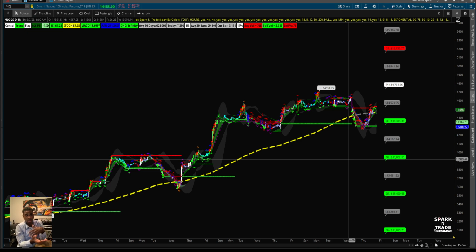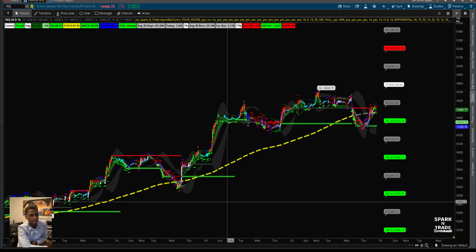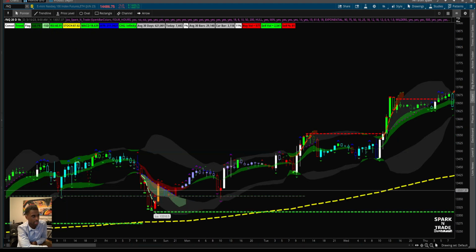And you can then say to yourself, well, how many times does it react at those lines? This is back testing data to determine how I'm going to benefit from this opportunity that's showing that we're significantly moving away from these lines, okay? So let's take it from the top.